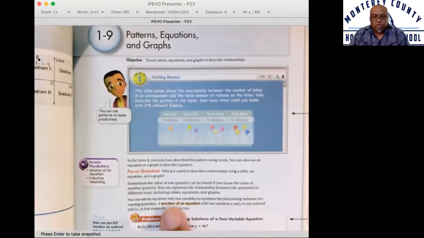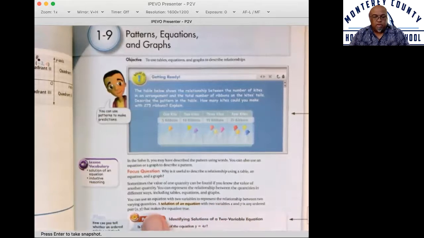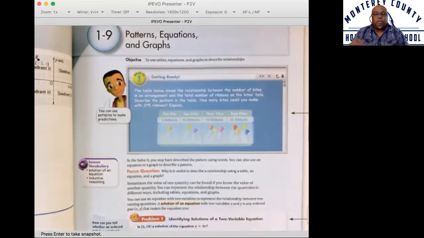Now, continuing on, let's go ahead. You can use an equation with 2 variables to represent the relationship between varying quantities. A solution of an equation with 2 variables, x and y, is an ordered pair that makes the equation true. Okay. Now, you may have learned ordered pairs sometime in the past, but I'll just go ahead and tell you what that means.